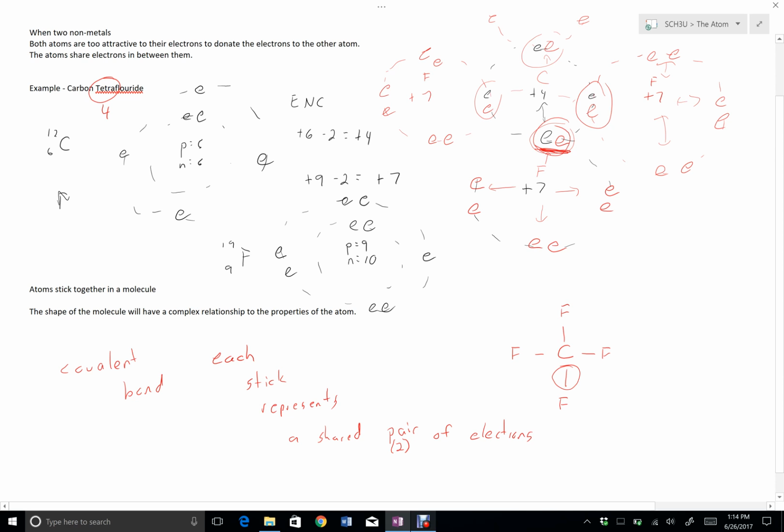So each stick represents a shared pair, remember that means 2, of electrons or a covalent bond. And then each one of these fluorines still has their remaining unshared 6 electrons around them in the Lewis structure.